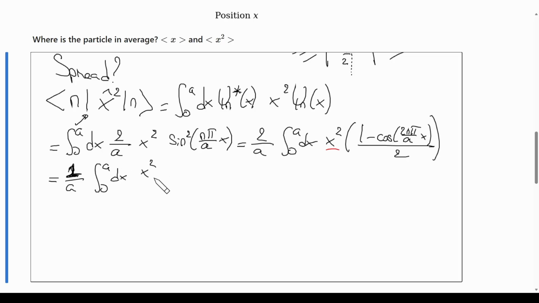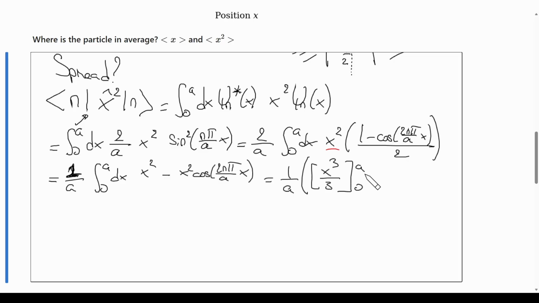And we have the integral of x squared minus x squared cos 2 n pi over a x. So we have 1 over a of x cubed over 3, which is the integral of x squared from 0 to a, minus the integral from 0 to a of x squared cos 2 n pi over a x.